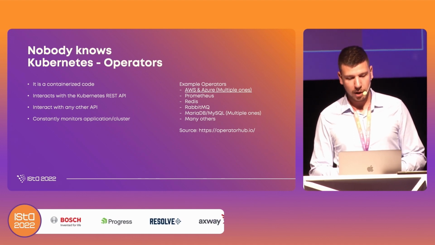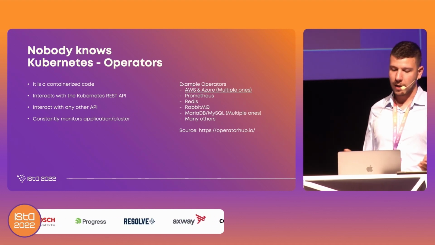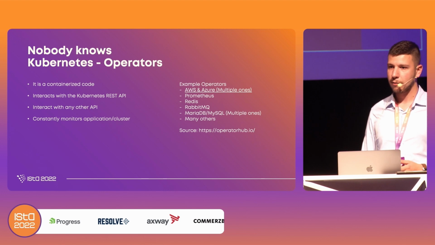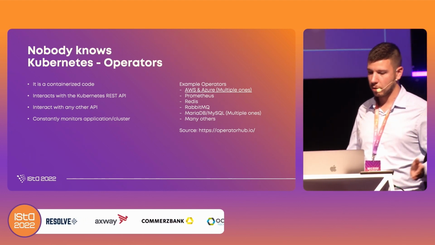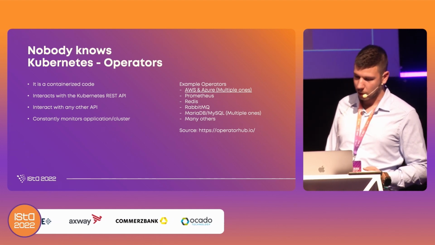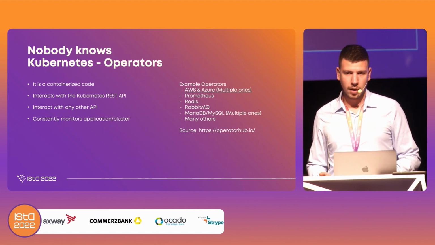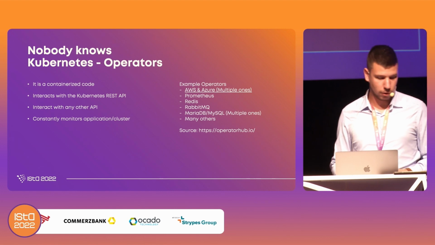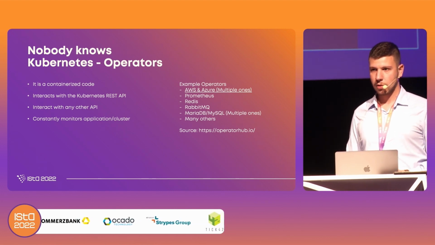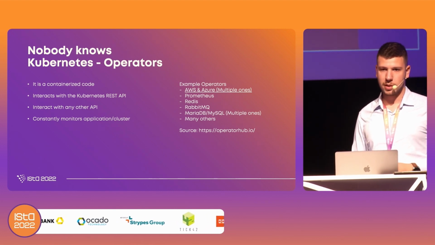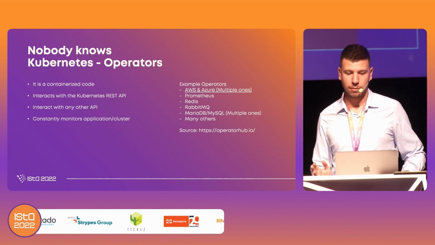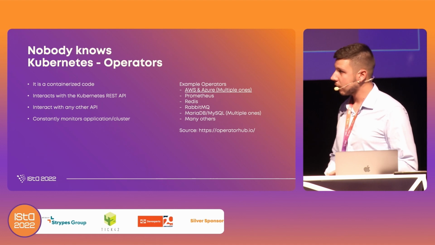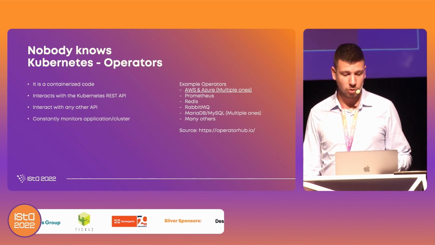Some example operators you may find for AWS and Azure. They have multiple ones, for example, for ingress controllers, for deploying some databases, and so on. Prometheus has a very popular operator, which is for deployment of the Prometheus and Grafana stack. And you just type 3 commands, everything is deployed. You have your monitoring, you have your graphs, you have your alerts, and that is done just by 3 commands.